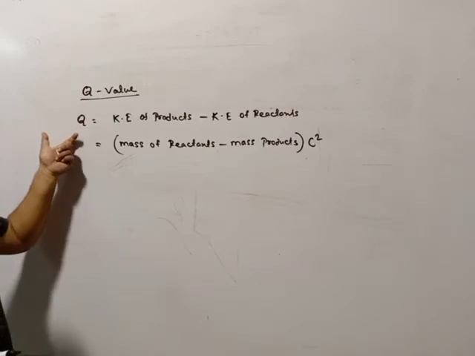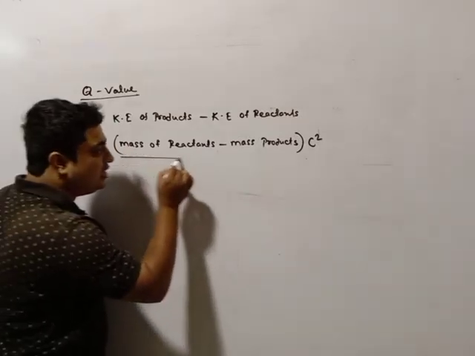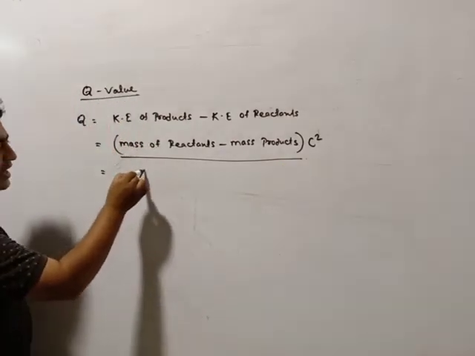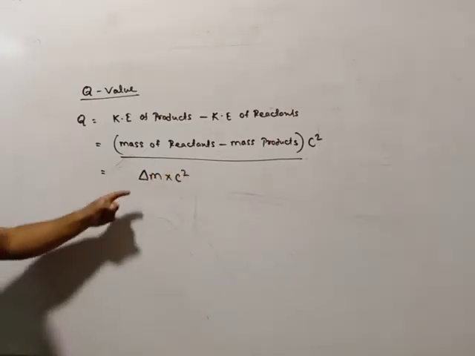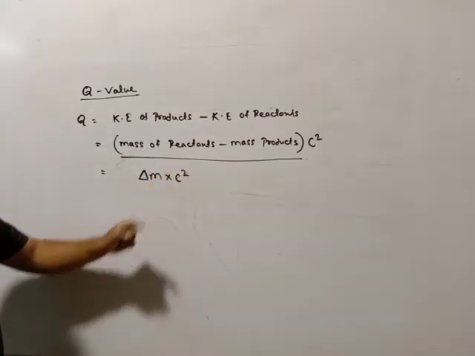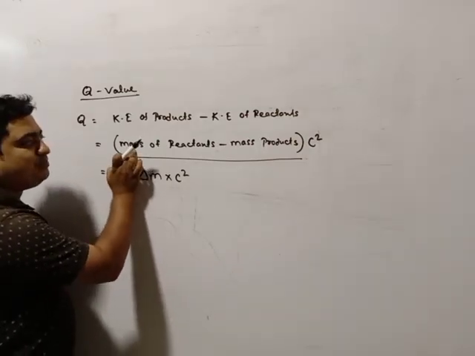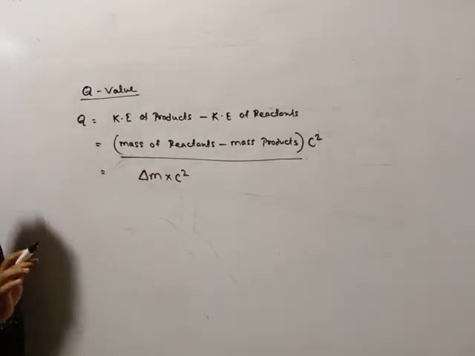So there is a difference in mass of reactants and mass of products. This difference is the mass defect. So Q value is equal to mass defect delta M into C square, where delta M is mass of reactants minus mass of products.